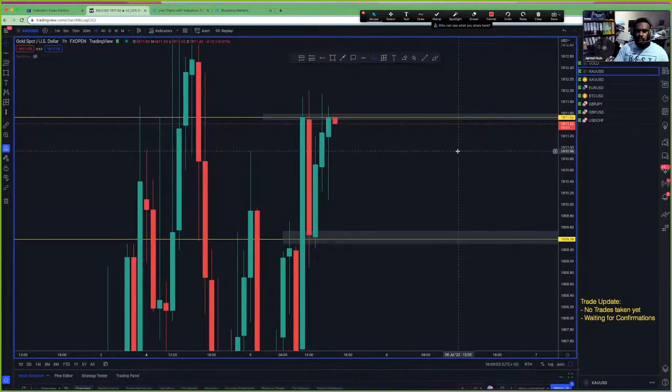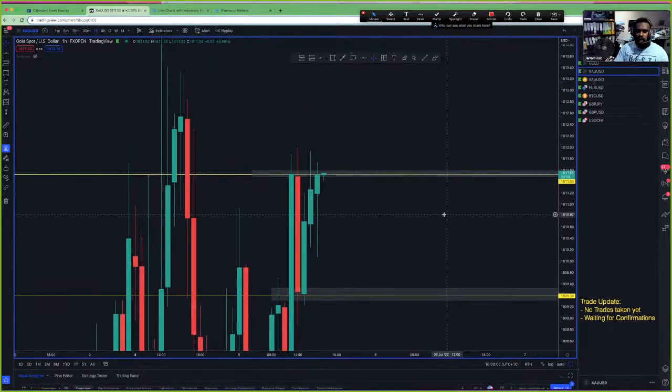This trade is closing above the resistance level. It's starting to pop down now.